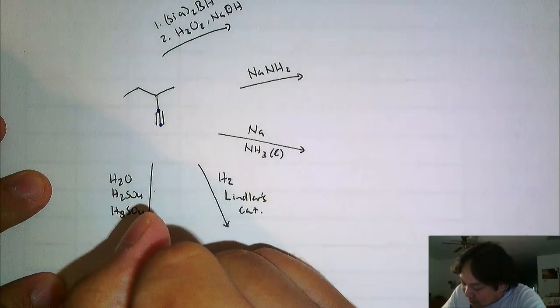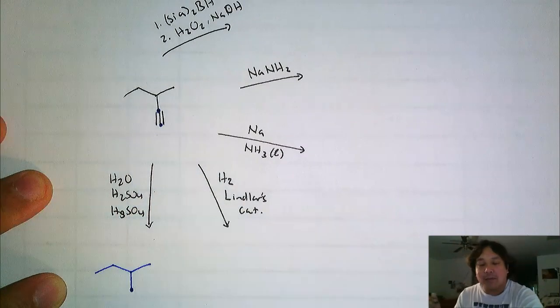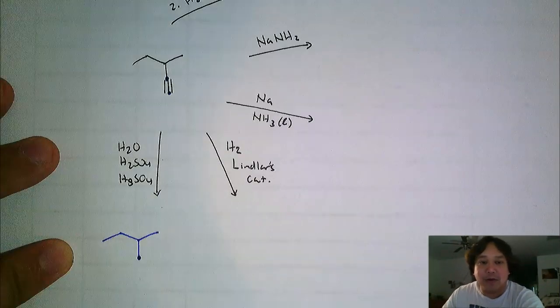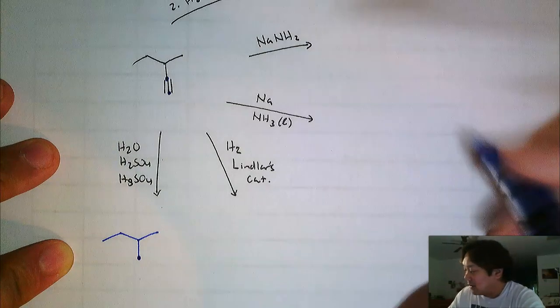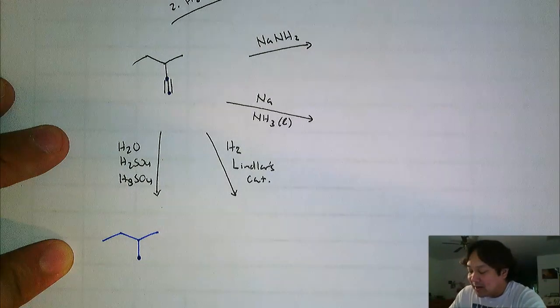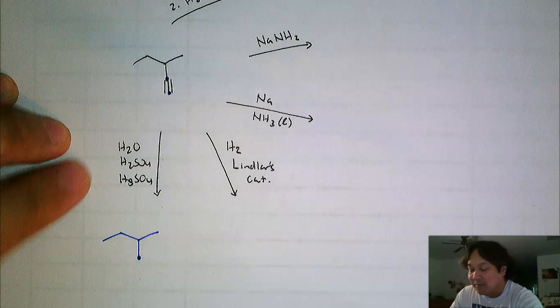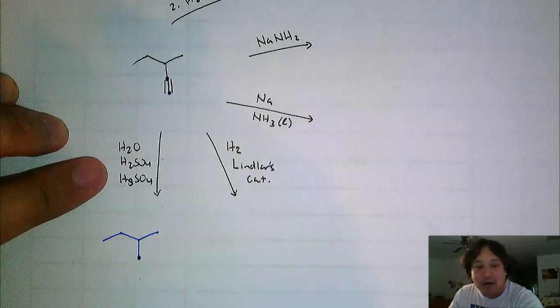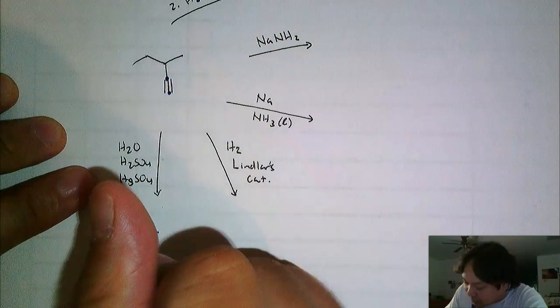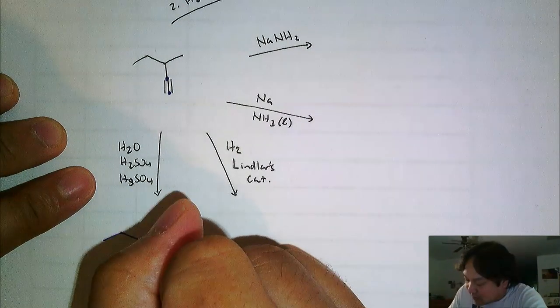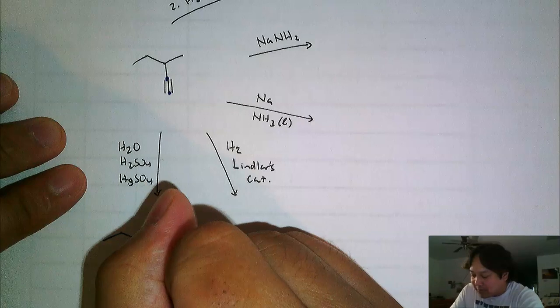If this is not apparent, you gotta look back at your notes, because your notes do explain what to do here. I'm adding something to each carbon. In a Markovnikov fashion, I'm adding water. My double bond oxygen will be on this carbon. Look at where my 2 dots are.